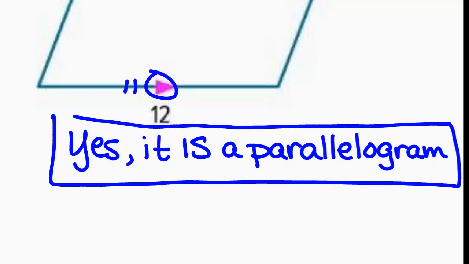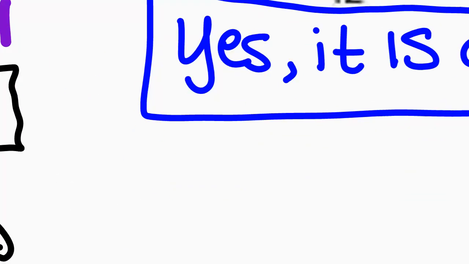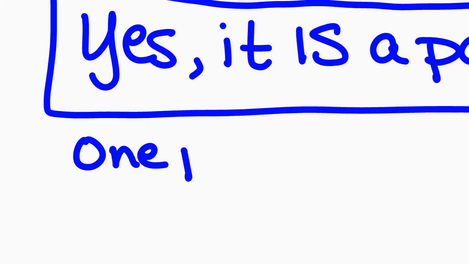If we have one pair of opposite sides that are both parallel and congruent, then that is enough to say it's a parallelogram.